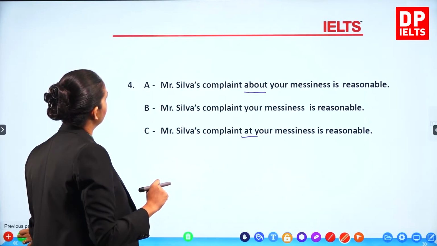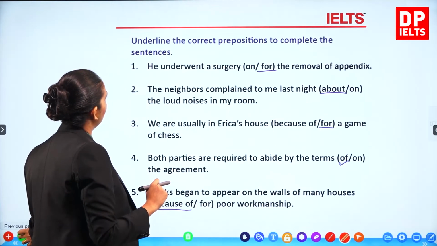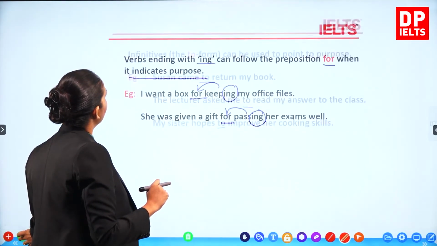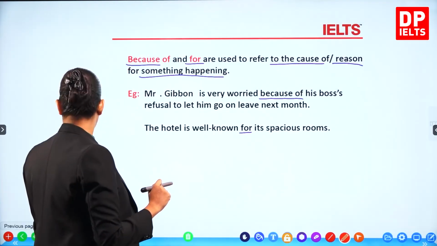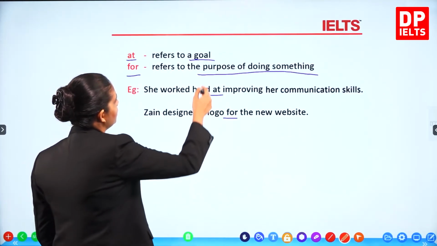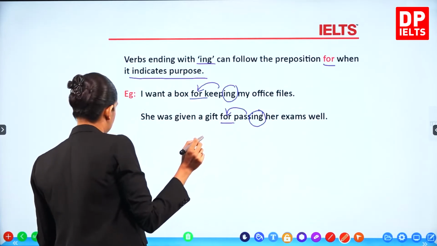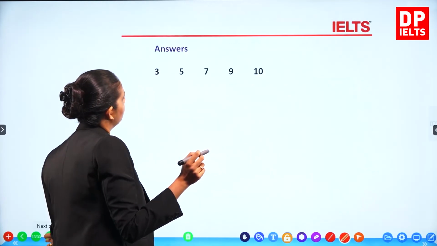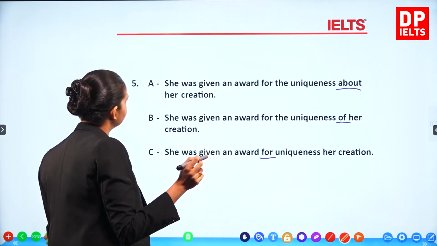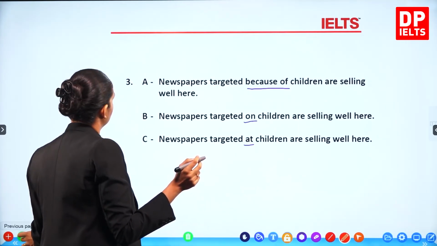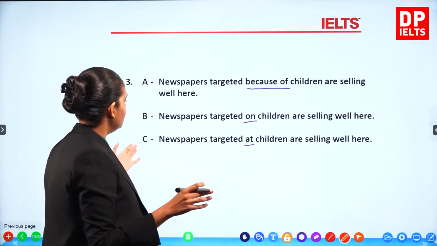Okay, we're here, right? So, you have to think about the rule. Here it is. Refers to a goal. That is our rule there. So coming back, what is our goal?